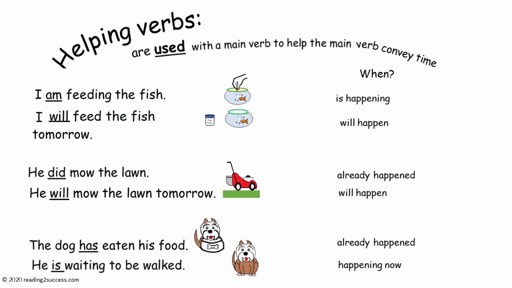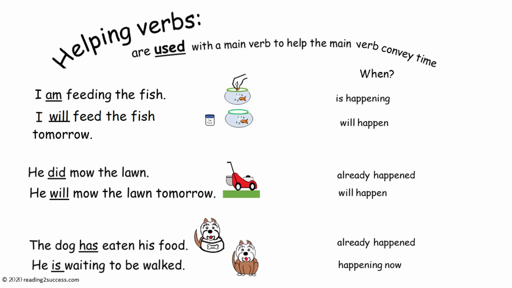So it is letting us know that it is happening. I am feeding. That means now it is happening. The next sentence is, I will feed the fish tomorrow. Will feed tells us it will happen.